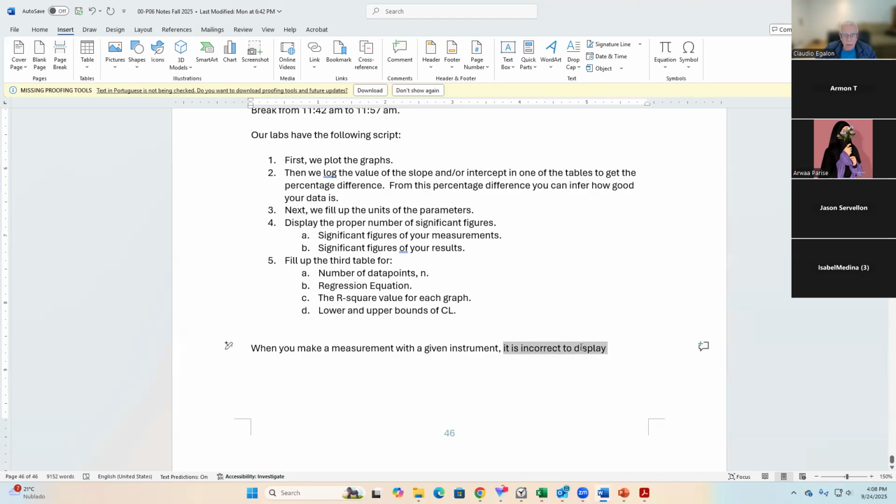You must display the right number of figures of your measurement and then of the results. Before we talk about the results, we have to talk about the measurements. Now, let's talk about the measurement first.